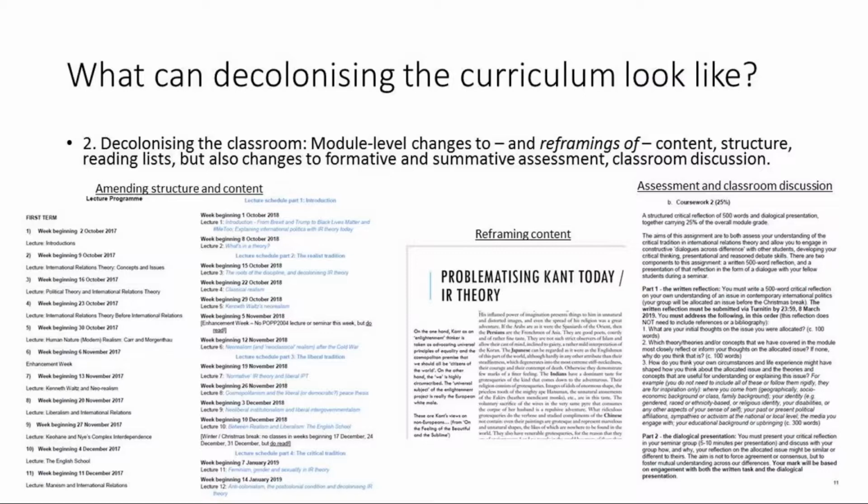Then in terms of the delivery of content, I had a go at going through the module and reframing some of the thoughts. So I mentioned Immanuel Kant earlier. Well, rather than just presenting his theory of cosmopolitanism and his idea about citizens of the world and the Enlightenment man as the future of the world, I reframed that, explaining that when he talked about cosmopolitanism, when he talked about what became human rights, this idea of universal human rights, he always meant it in a very specific and constrained way.